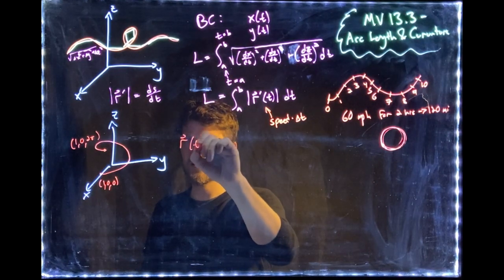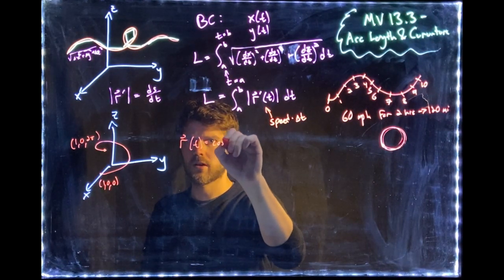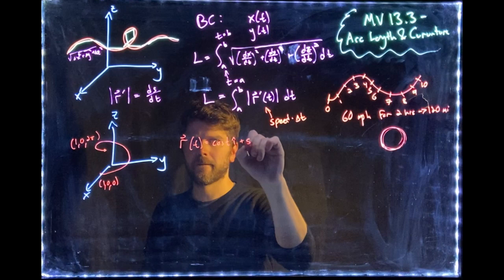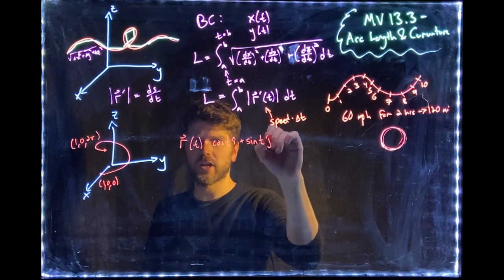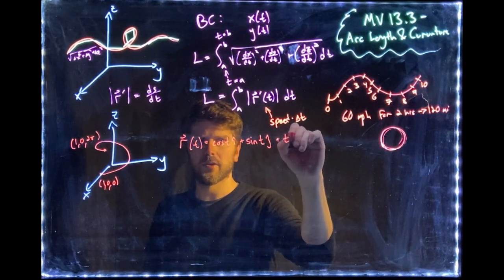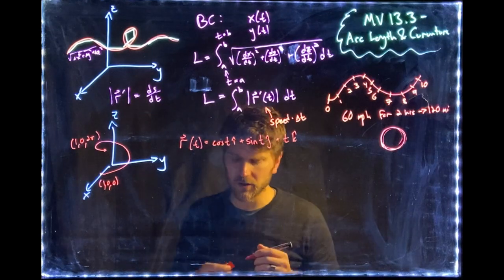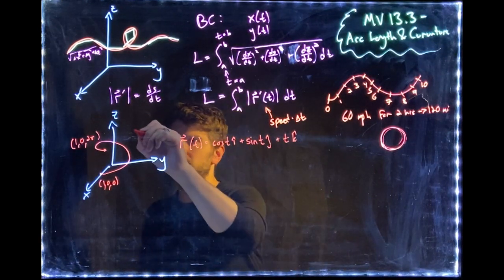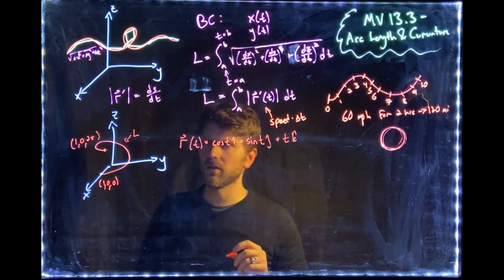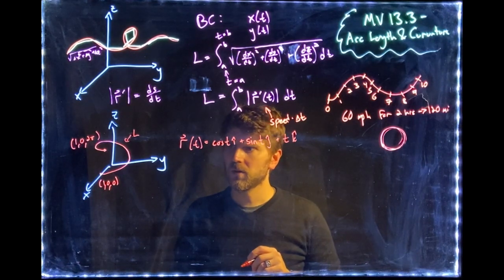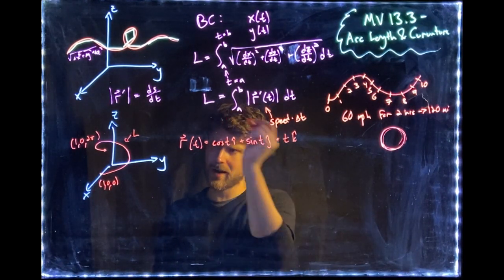This is our classic helix, cosine t i hat plus sine t j hat plus t k hat. And we want to ask ourselves, what is the arc length of just this first loop? We're going to go around 2 pi.